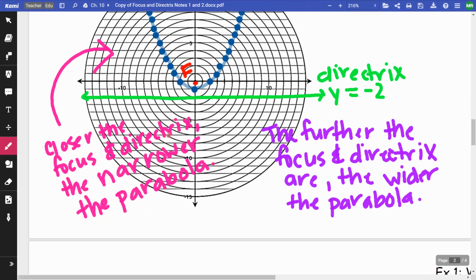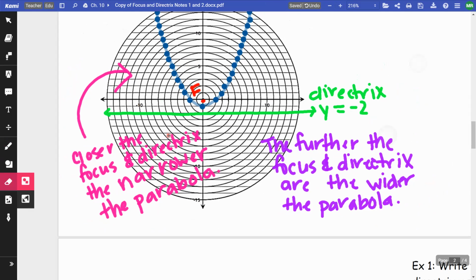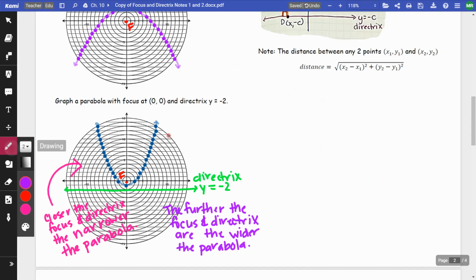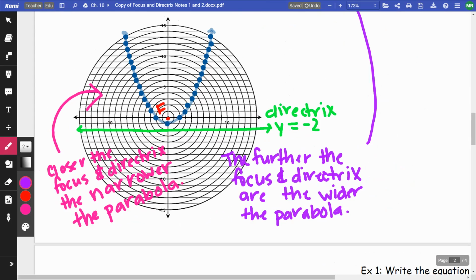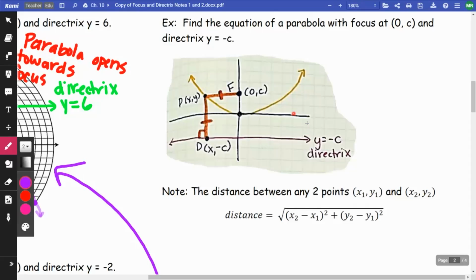Now I'm going to draw an arrow from this purple one up to the one above. The further the focus and the directrix are, the wider the parabola. So that is going up to this one here as an example. I just have a sketch here, not drawn to scale by any means.